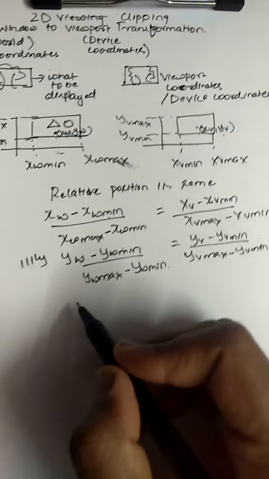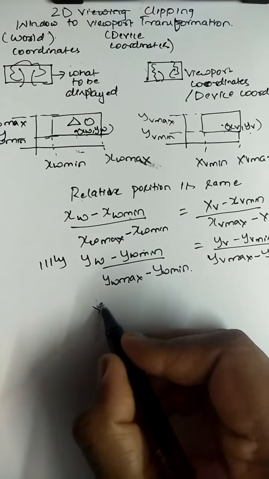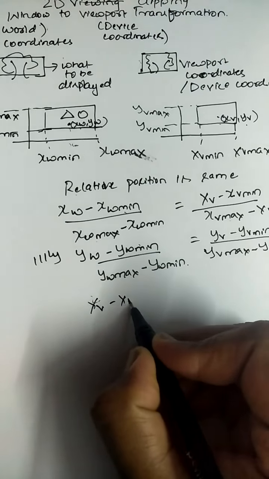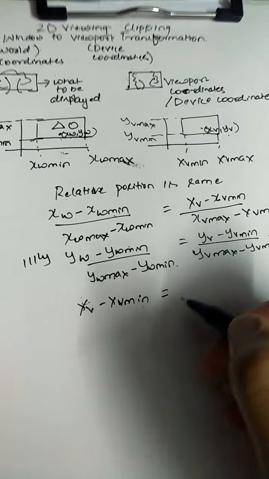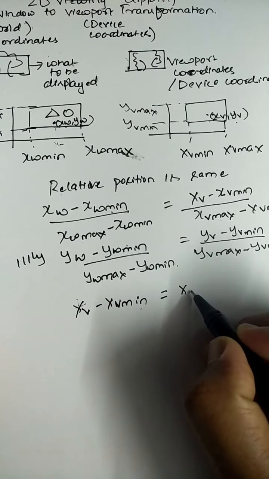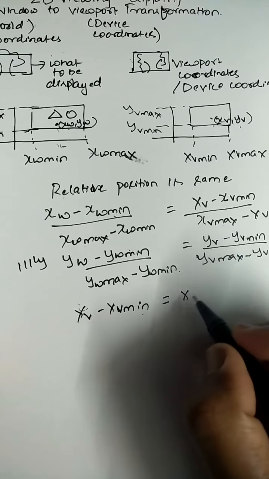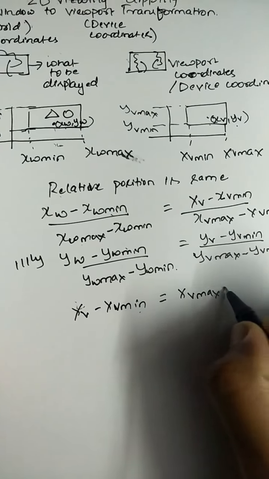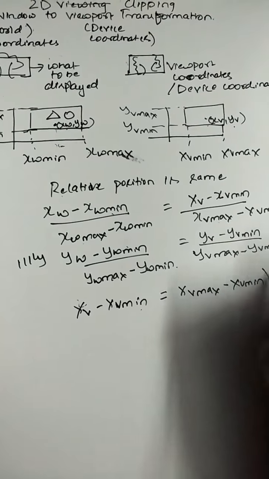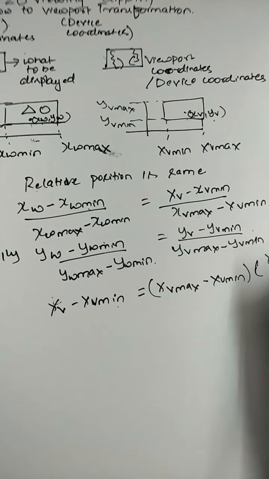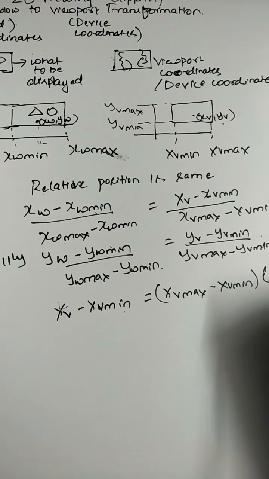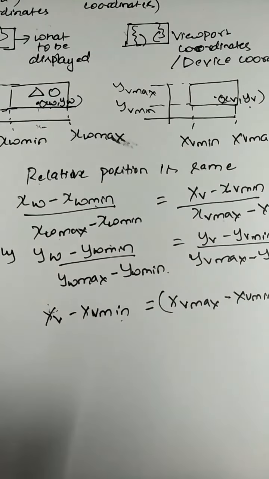From this we can derive an equation: XV minus XV min equals (XV max minus XV min) times (XW minus XW min) divided by (XW max minus XW min).